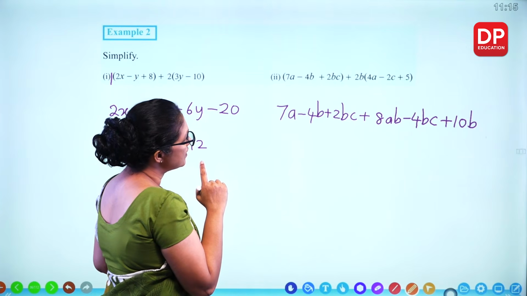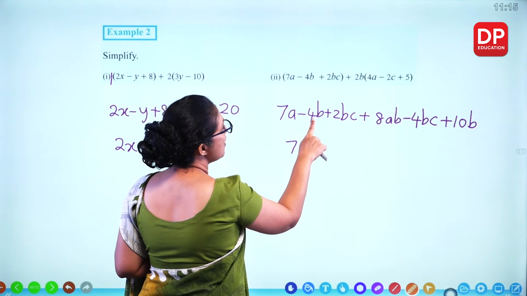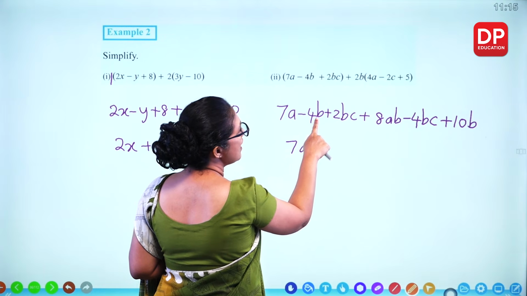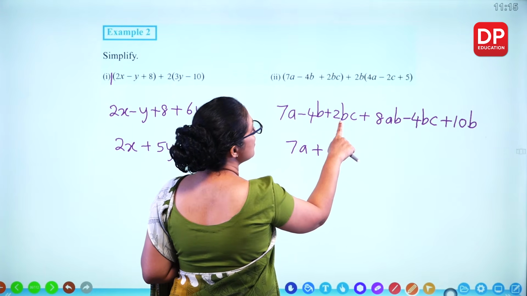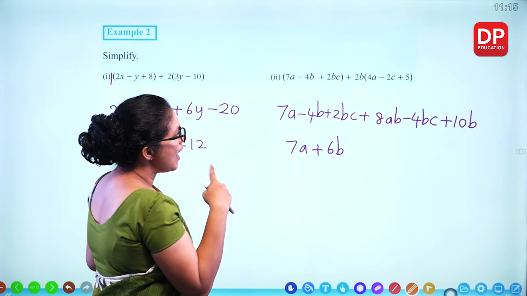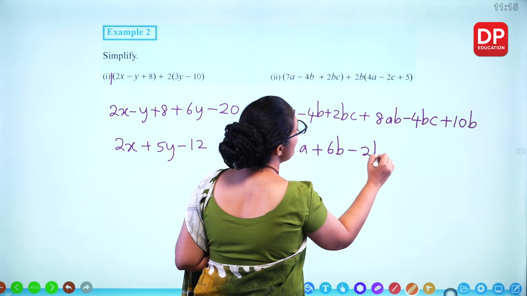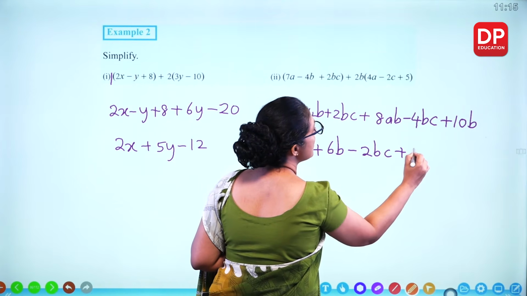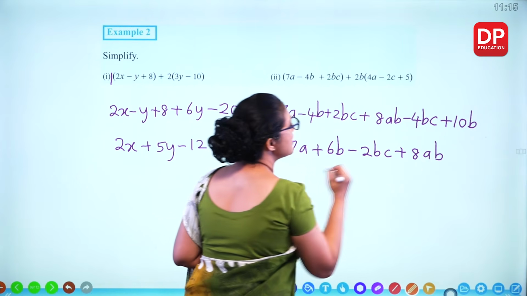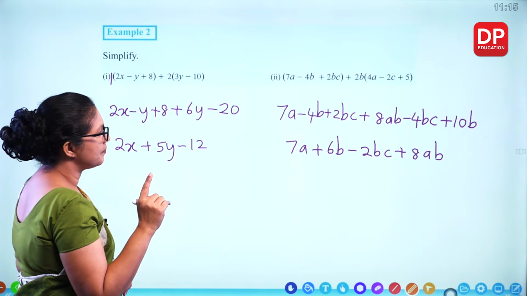Now what are the like terms? 7a you can't simplify. Minus 4b and 10b plus 6b. 2bc and minus 4bc, that's minus 2bc. And you are getting 8ab separately. BC and AB, different terms.